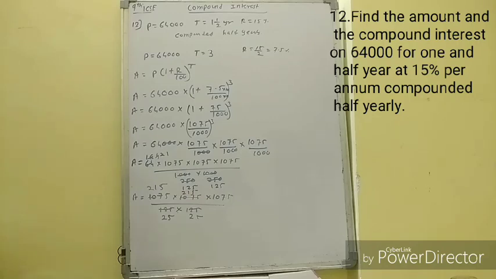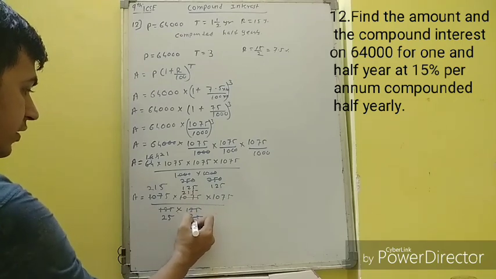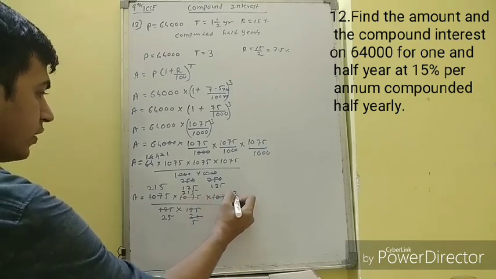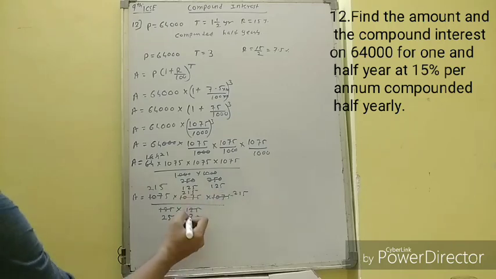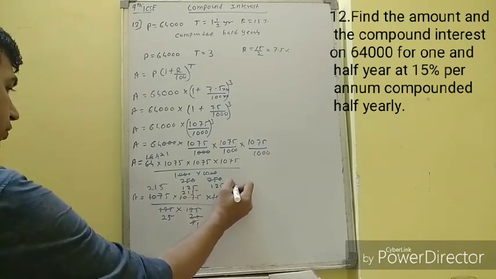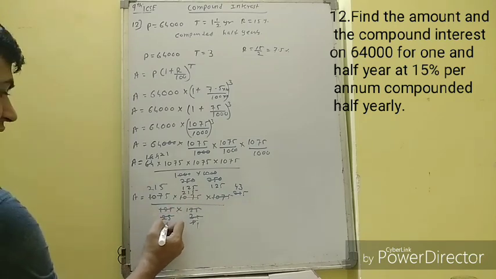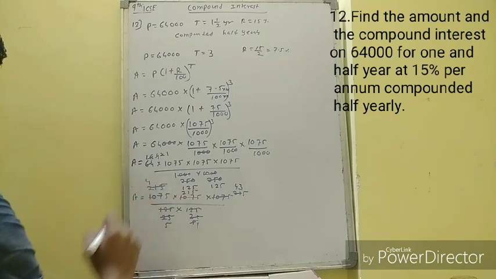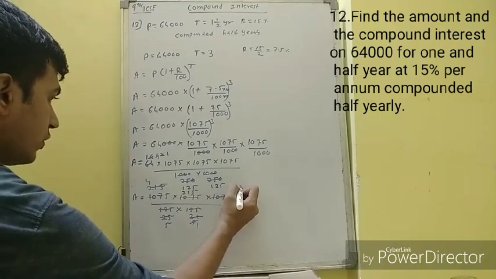Here also this can be reduced. 5 5s are 25, 5 2 1 5s are. Which again can be reduced: 5 1s are 5, 5 4s are 20, 5 3s are 15, 5 5s are 25, 5 4s are 20.